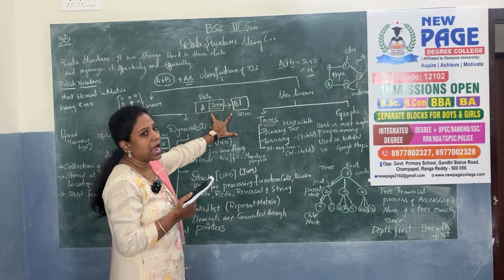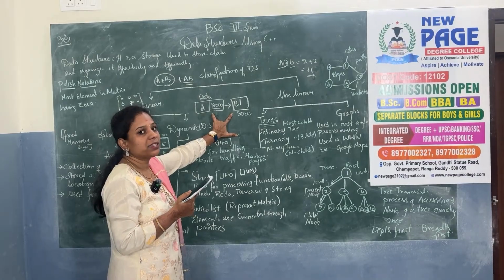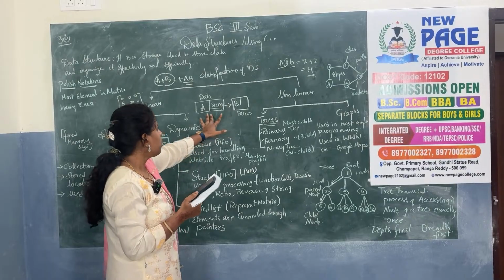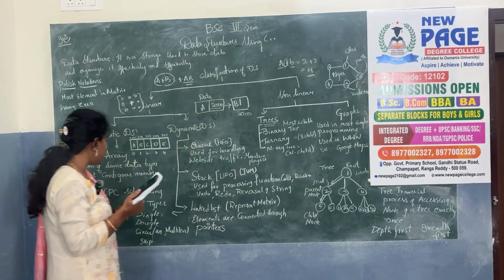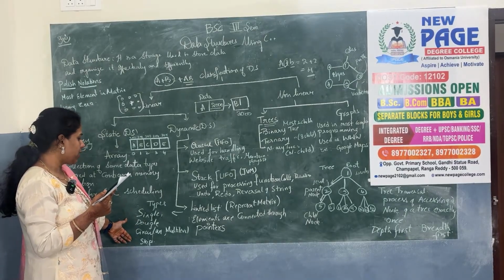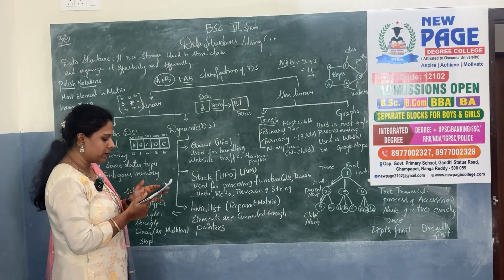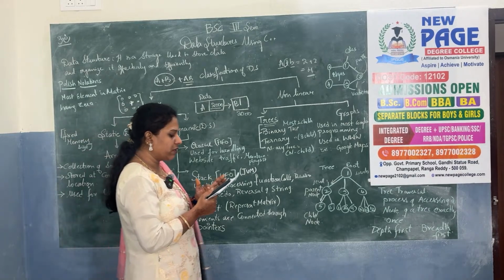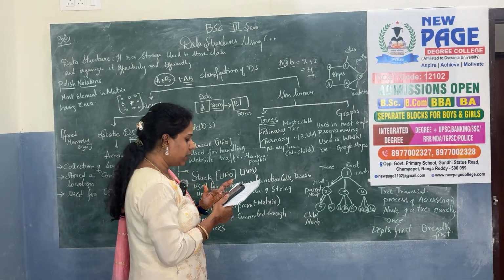So here elements are connected through pointers in linked list. So this is the example, and the types of linked list are single, double, circular, skip, and multi-level. These are the different types of linked list and its operation.